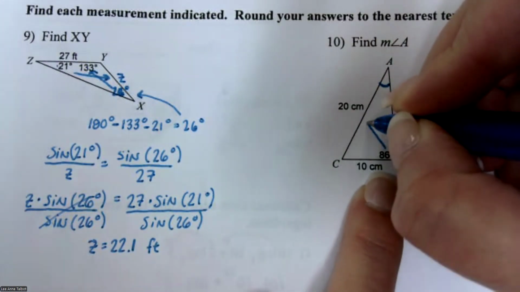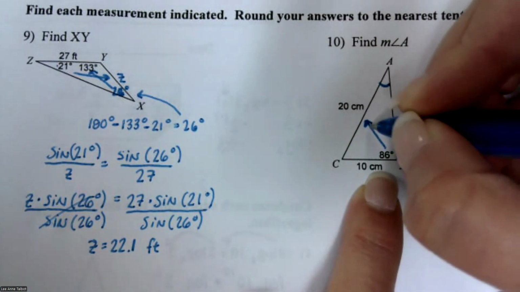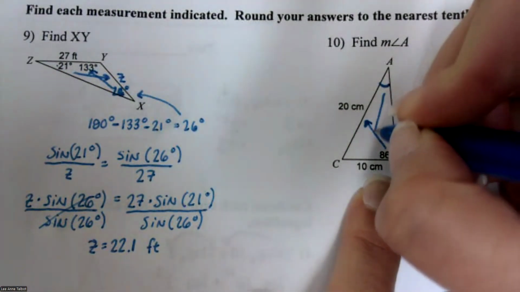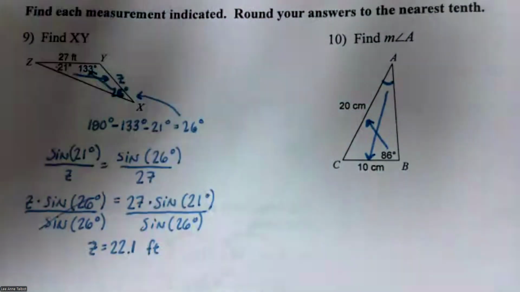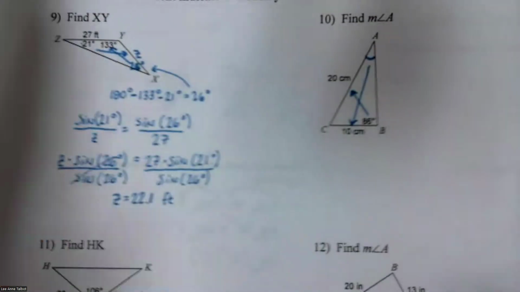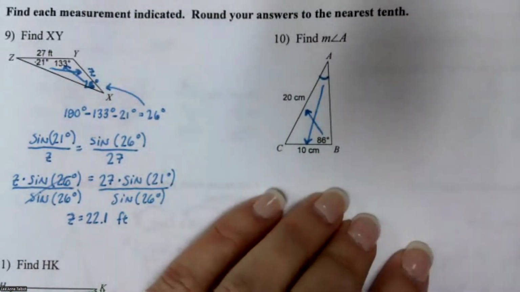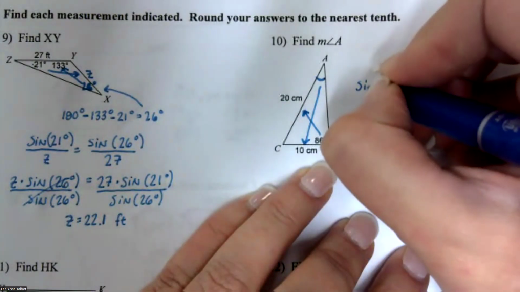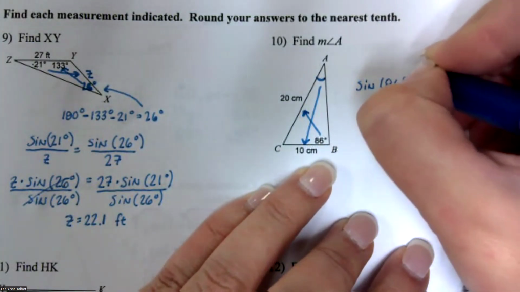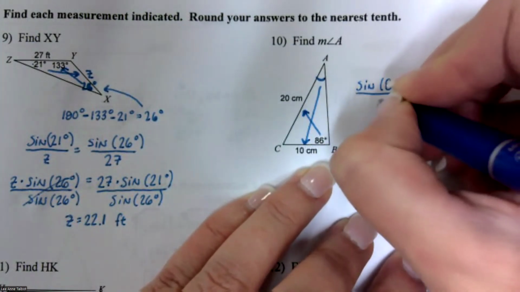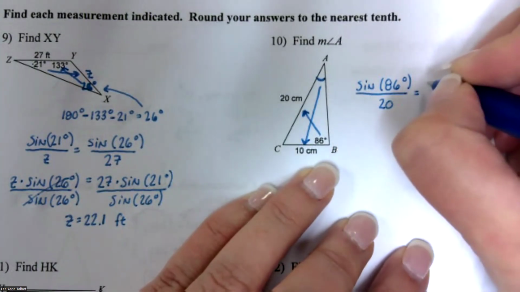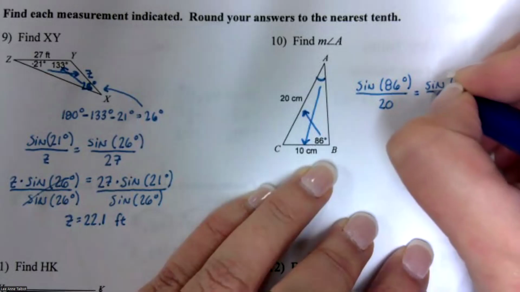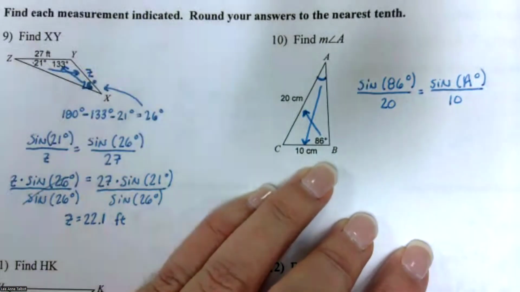It's law of sines again. 86 degrees goes with the 20, and 80 degrees goes with the 10. Sine of 86 degrees over 20 equals sine of A degrees over 10.